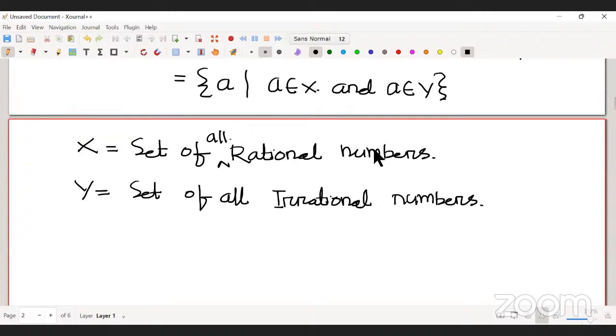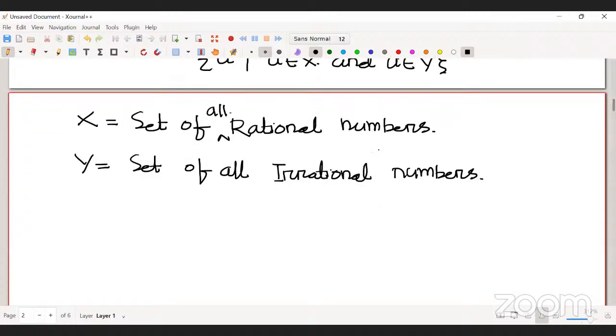So then what can you say about X intersection Y? Zero, sir. Nothing. Null set, sir. Empty set, sir.